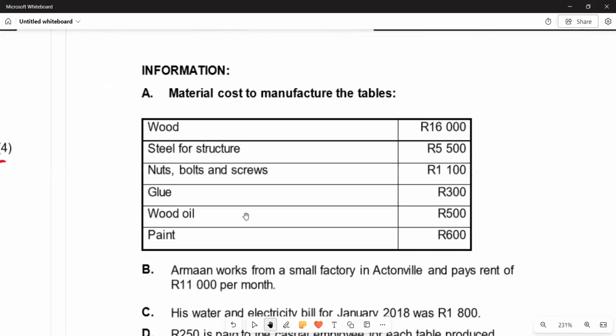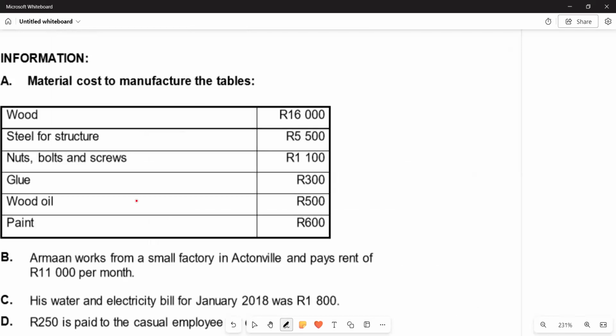We are told the material costs to manufacture the tables. Obviously, we are going to add all of these so that we get the total material cost. This is 3.2.1.